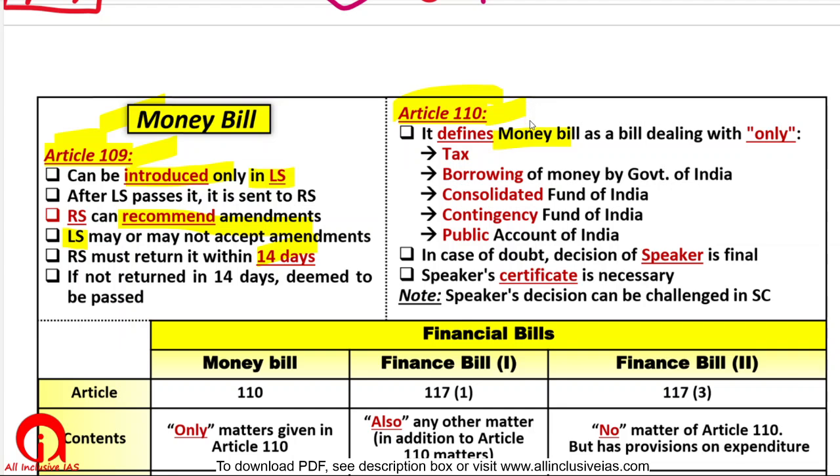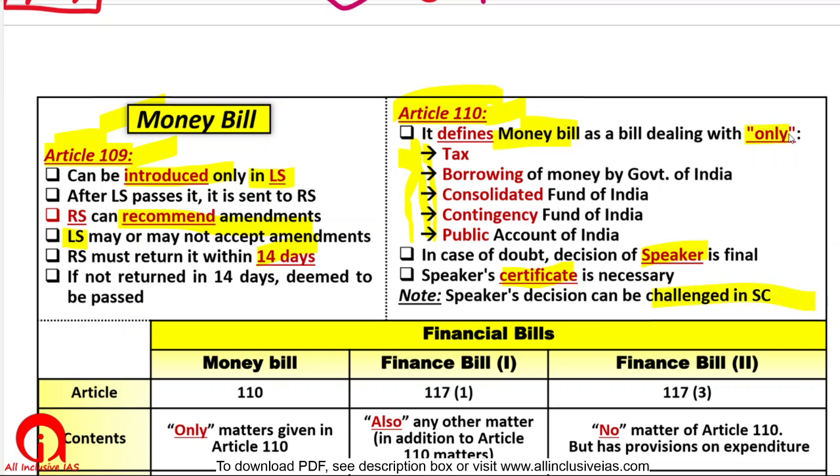But for exam purposes, I would suggest that you just remember that if the government introduces a bill which deals only with these matters, with no other matter, then it will be a money bill, and the Speaker has to give a certificate that yes, I certify that this particular bill is a money bill, it deals only with these matters. So the Speaker's decision is final, however it can be challenged in Supreme Court.